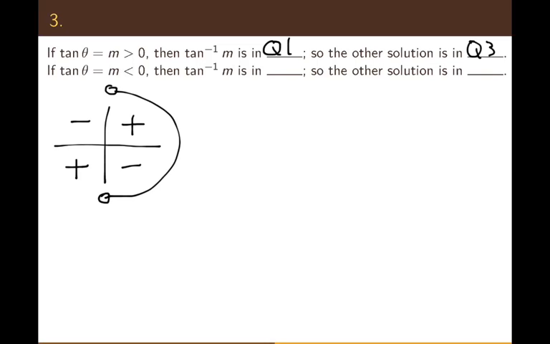Whereas when it's negative, the tangent inverse is going to be in quadrant 4, and the other solution will be in quadrant 2. And again, this one will have negative values, so you're going to have to add 2 pi to it to get it within 0 to 2 pi.